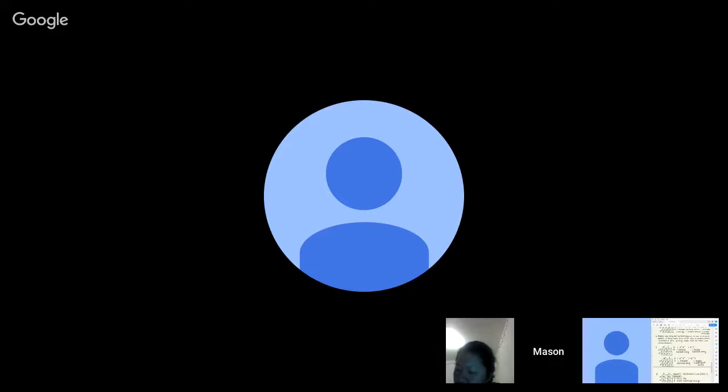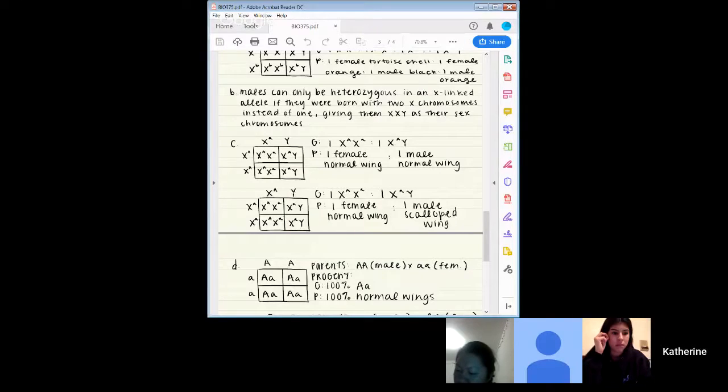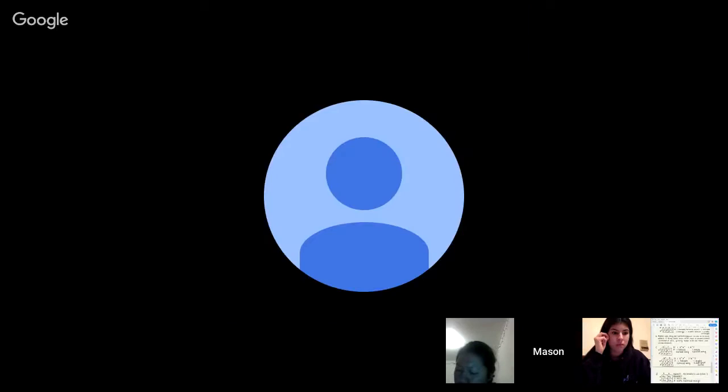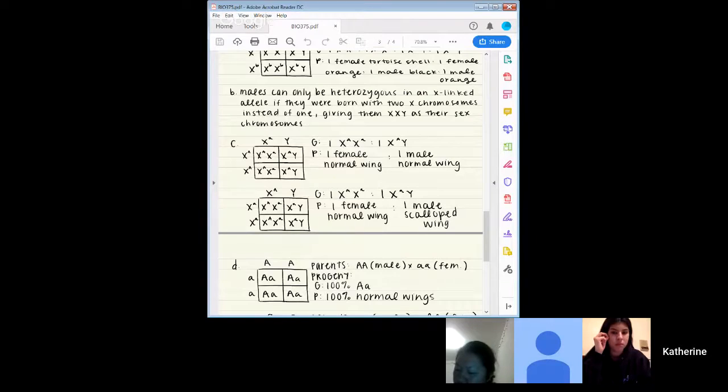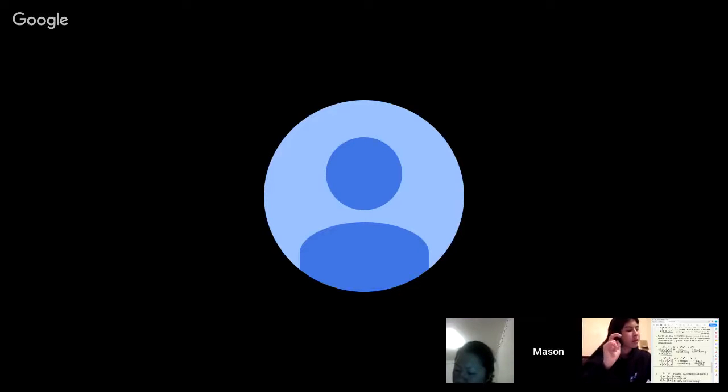To have the different shading in the cat, it would have to have 2 different types of X genes in there. And so when it's growing initially, some of one color is turned off and some of another color is turned off. So since it has 2 X's, it can be calico or whatever, and then it still has the Y, so it's male. Yeah. Okay. Yeah, that sounds right.